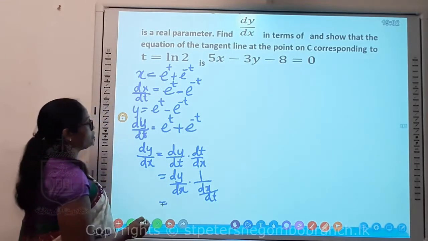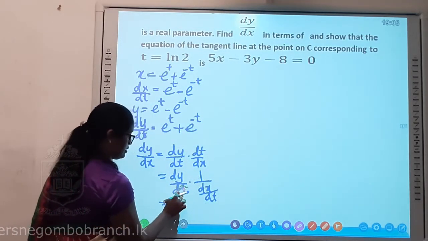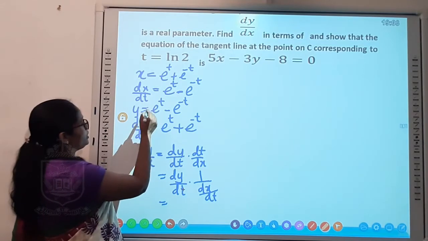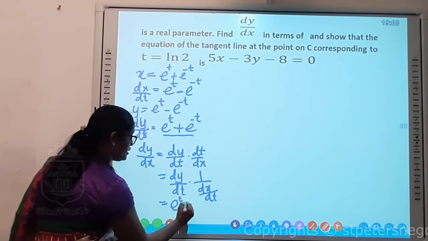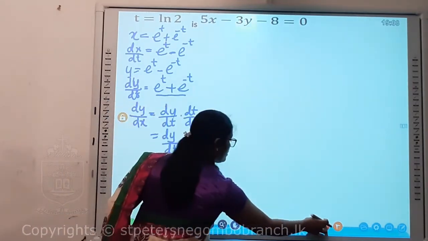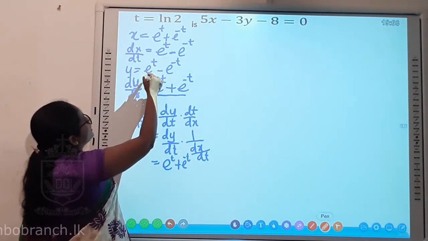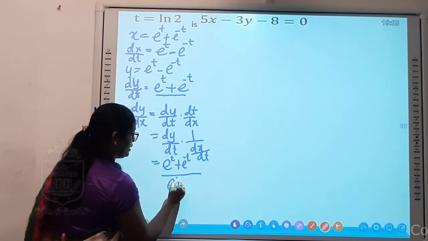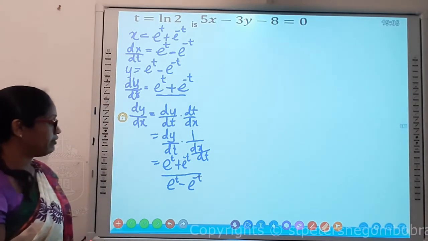So dy over dt, I found, is e to the power t plus e to the power minus t, and dx over dt, I found, is e^t minus e^(-t), so 1 over that.